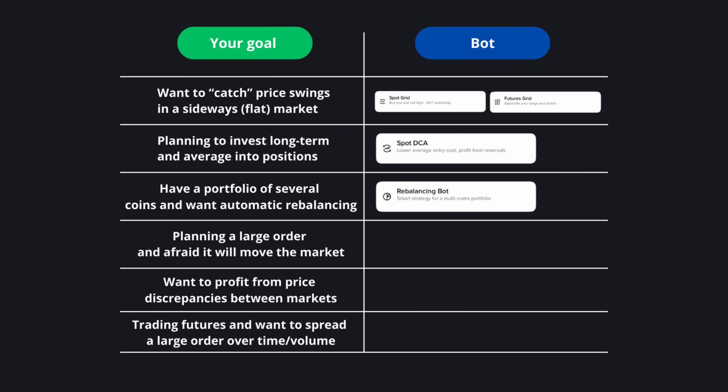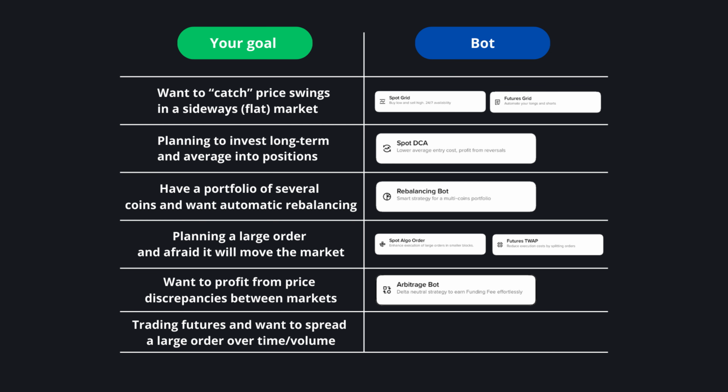If you're planning a large trade and worry it will move the price, use spot Algo Order, futures TWAP, or futures VP. If you want to profit from price differences between markets, Arbitrage Bot. And if you trade futures and want to spread your leveraged order over time or volume, you can also use futures TWAP or futures VP.